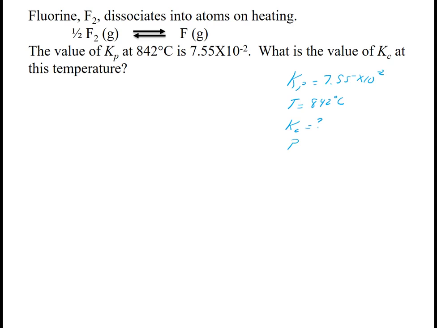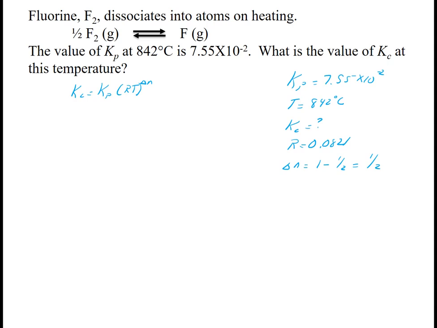Again, R is a constant, 0.0821. The equation is Kc is equal to Kp times RT to the delta N, and remember this is not given to you on the formula sheet. Delta N is 1 minus 1/2 to give me 1/2.